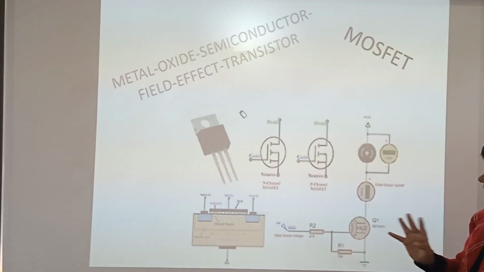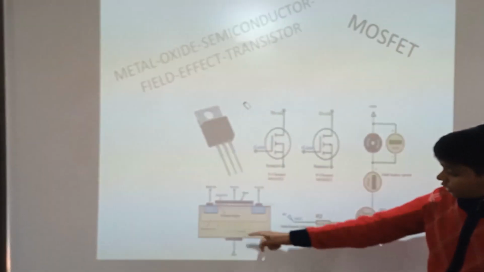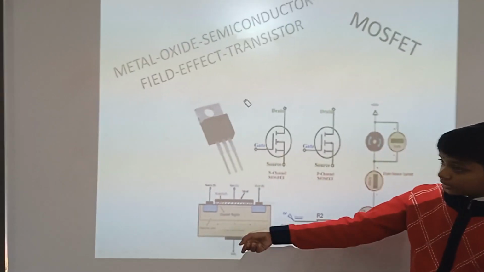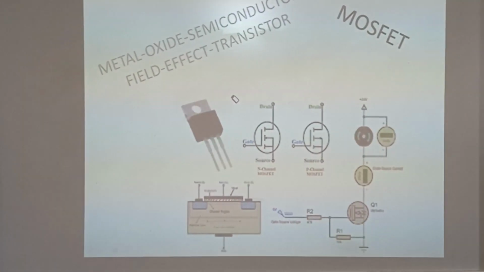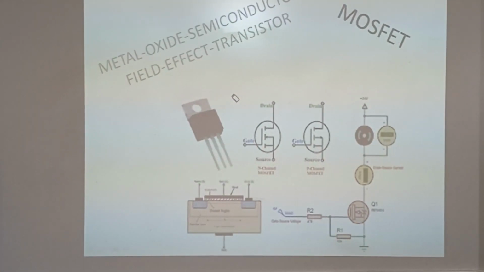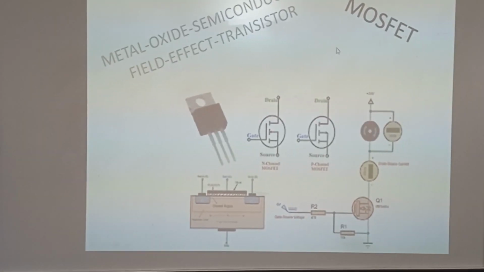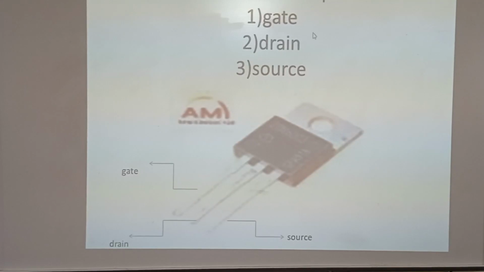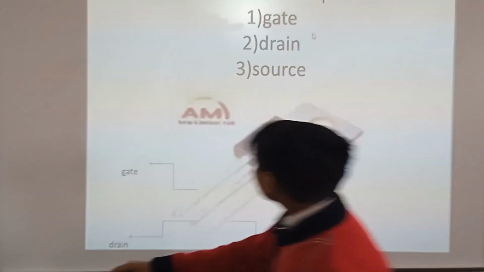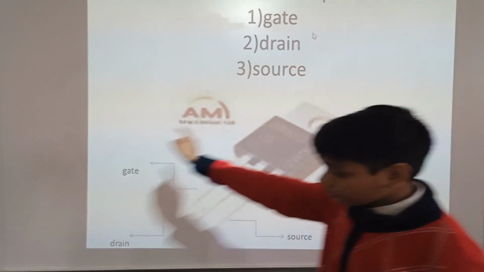There are three diagram symbols. It often looks like this on the components when seen in detail. So there are 3 pins: gate, drain, and source.